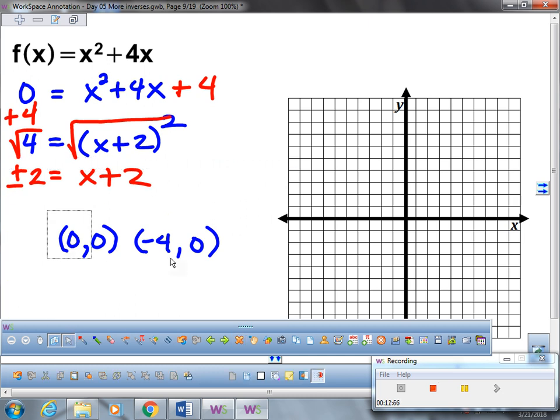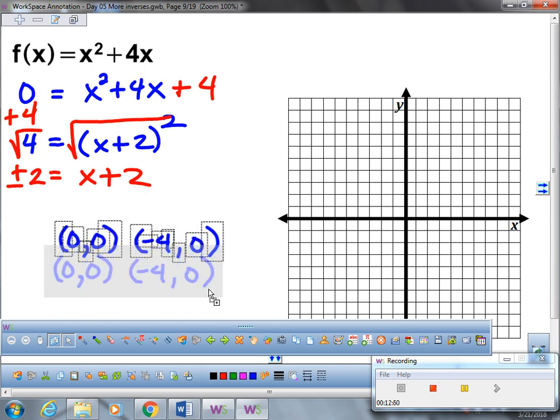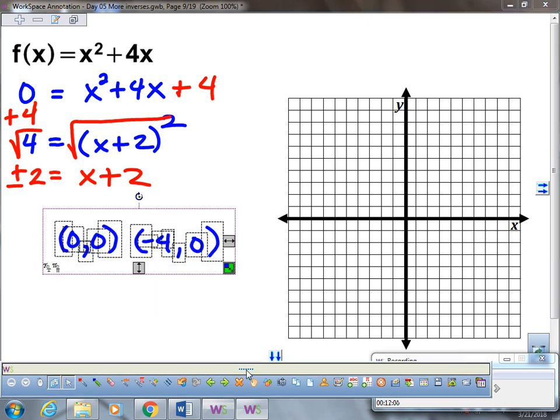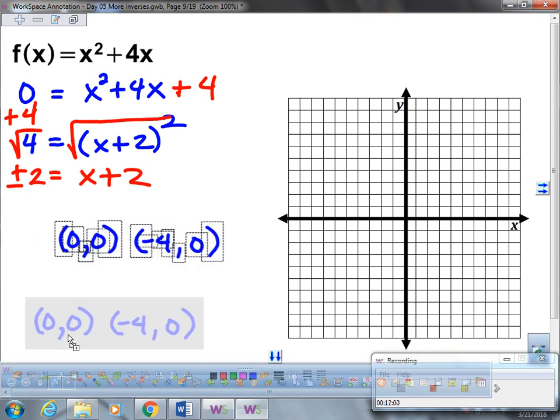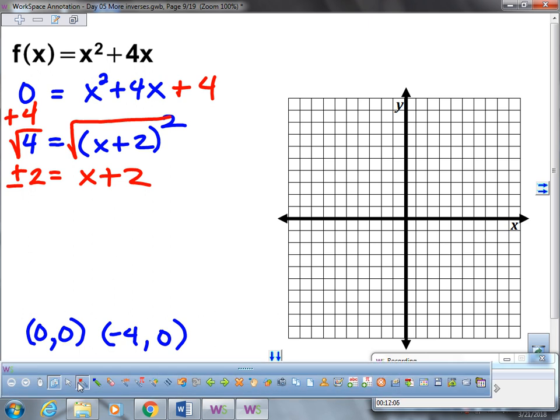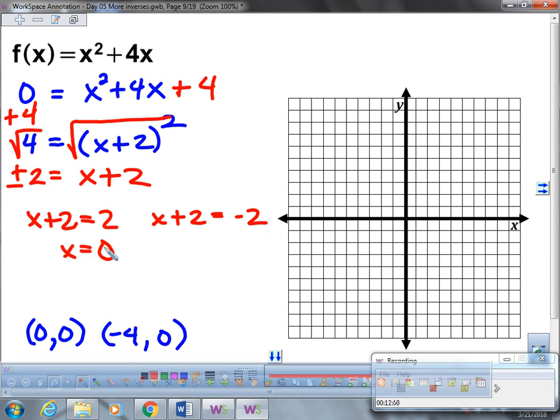The reason I'm showing you this right now, there's a big reason for it. So now I've got x plus 2 equals positive 2, and x plus 2 equals negative 2. If I subtract the 2, I get 0, and negative 4, which is exactly what I have here, right?